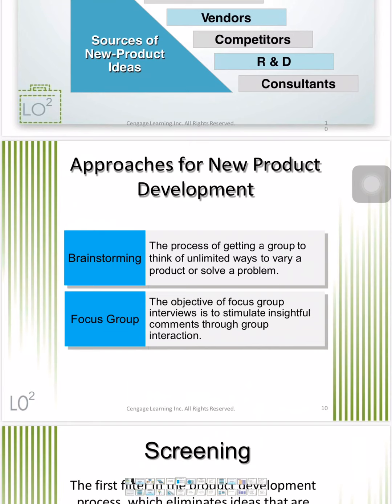This is where the people inside the organization, the group, always have to think to create ideas, always have to come out with ideas and solve problems for the value of products. Okay, so that's brainstorming. This is the approach that the organization normally uses in order to develop the new product.